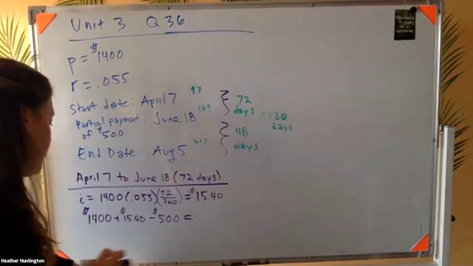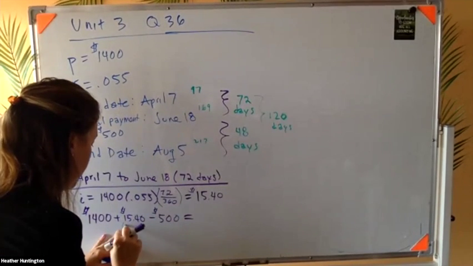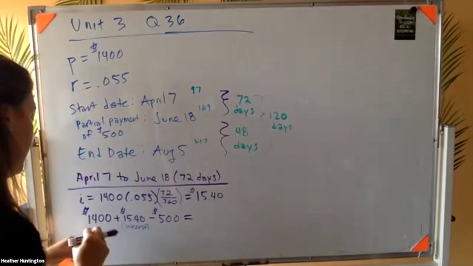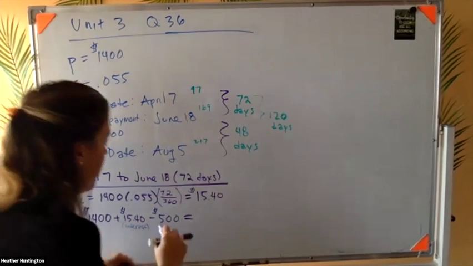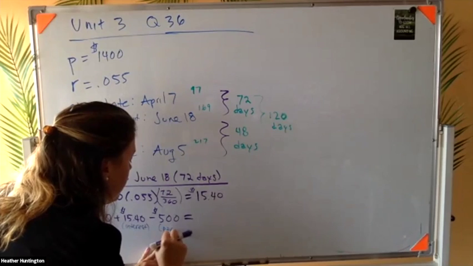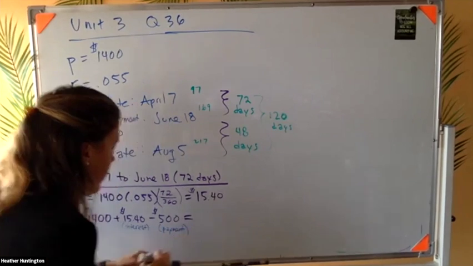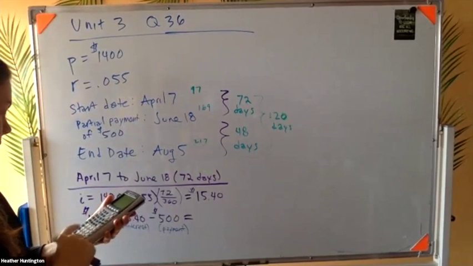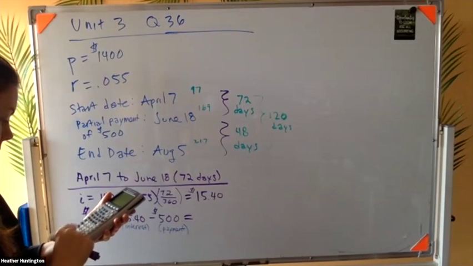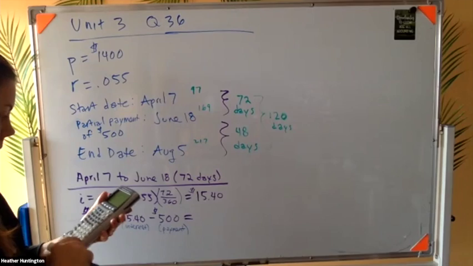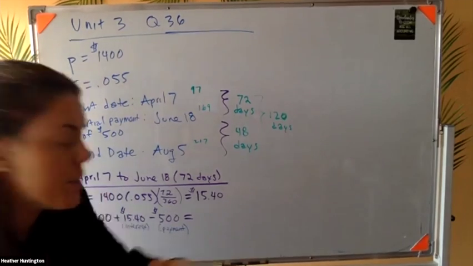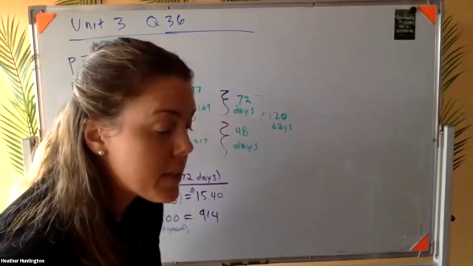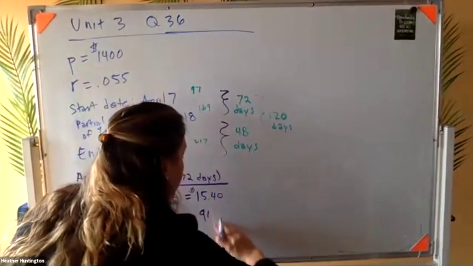All right, this is the interest here. And this is our payment. So this is our new principal, is $915.40.